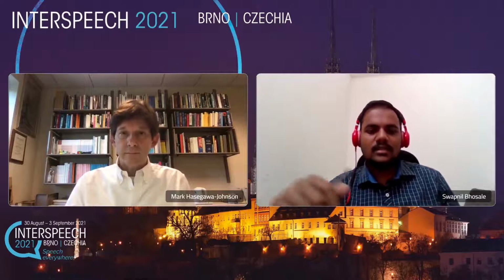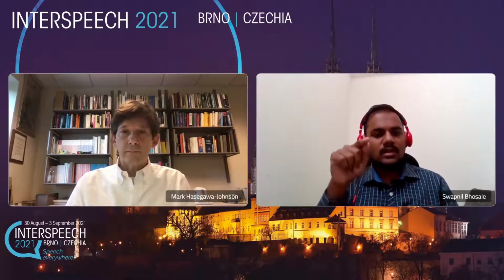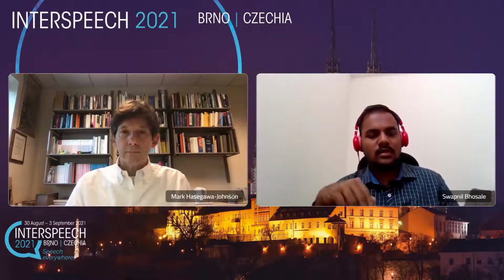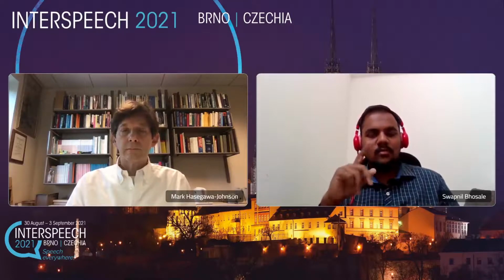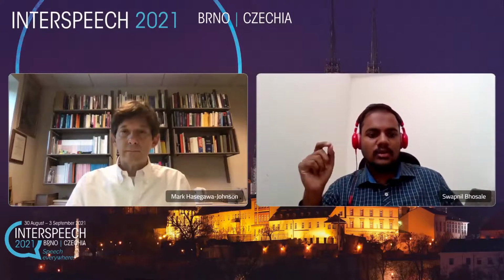And the interesting thing is that in the ontology of the YAMNet model, the audio events have been placed in a hierarchical structure. So whatever sub audio events are present around cough, we also consider those.